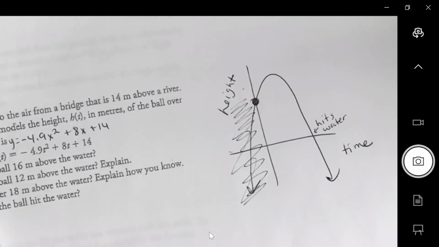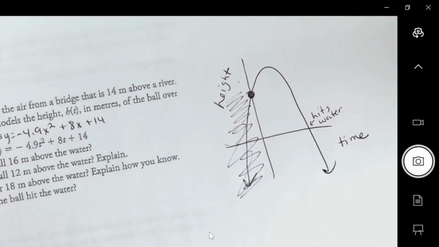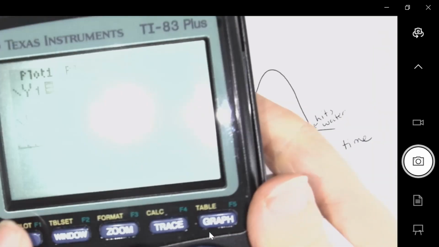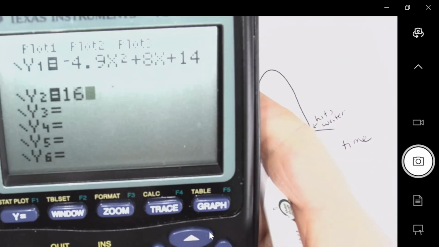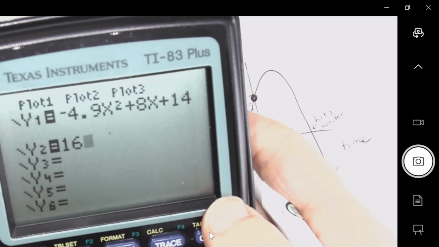First question. When is the ball 16 meters above the water? So what am I going to do if I'm trying to figure out when it has a height of 16? Y2. Okay, know that strategy from what we just did.